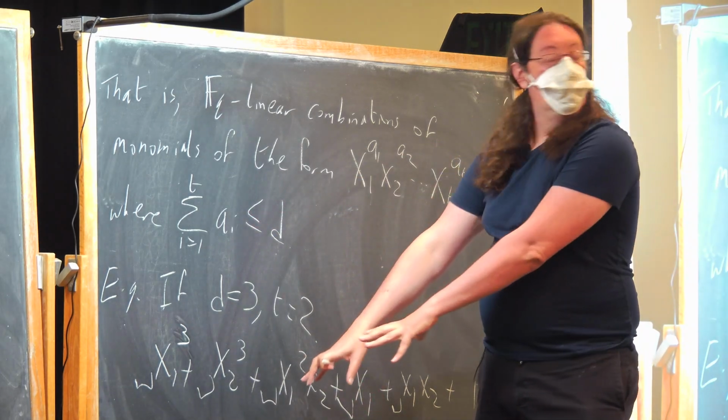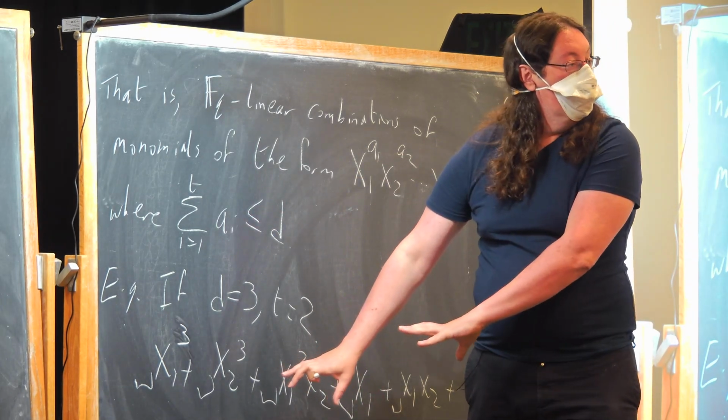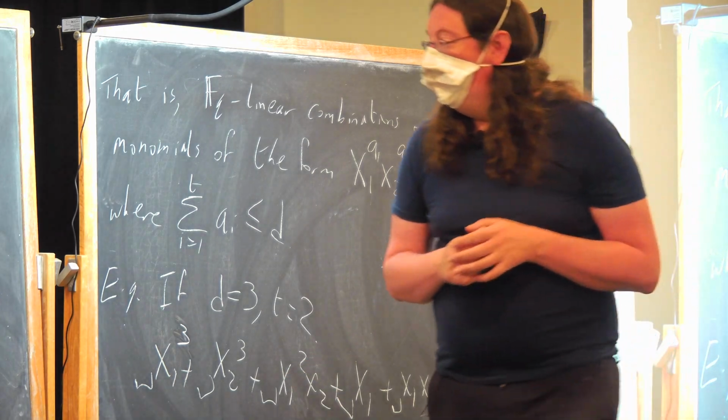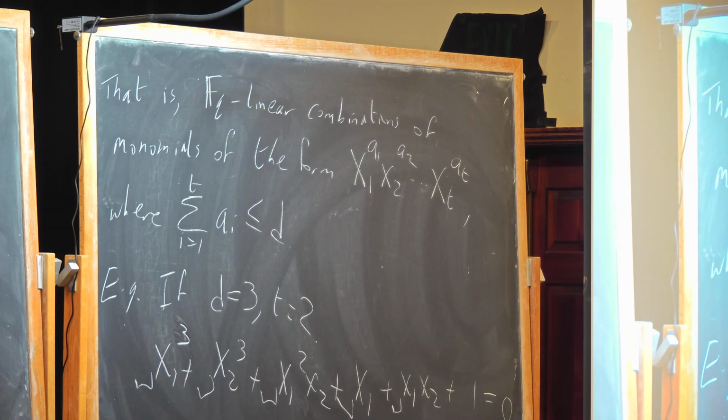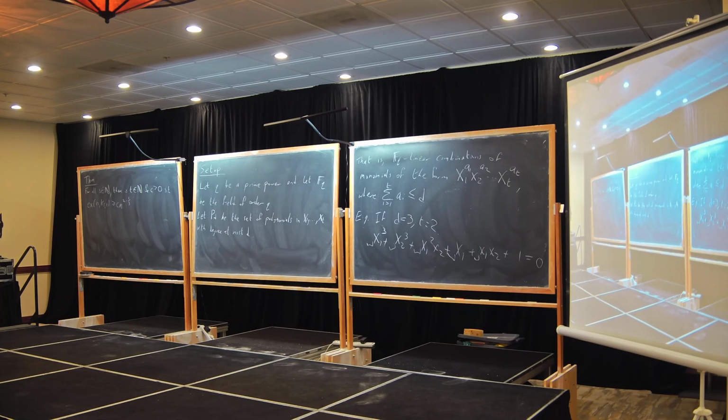So just choose random coefficients. That gives you a random element. I want to say a little bit before moving on about the properties of such random polynomials. I'll prove one very simple property, and then I'll say how it generalizes.